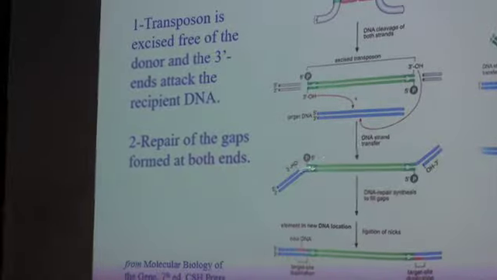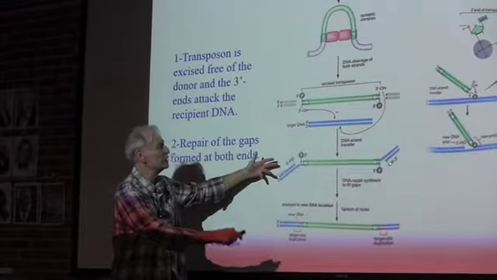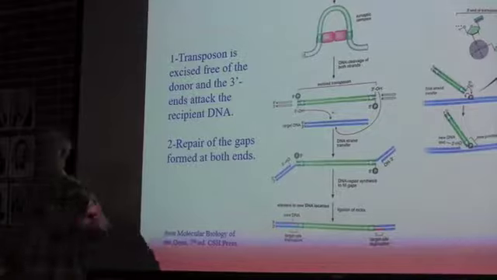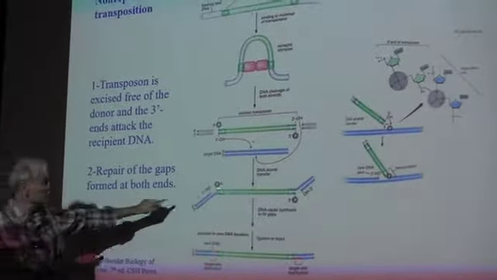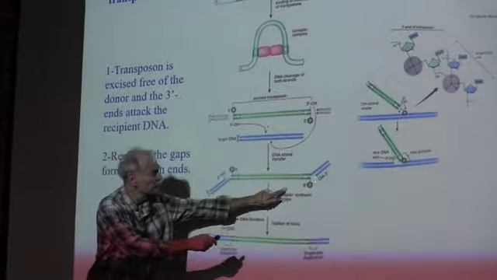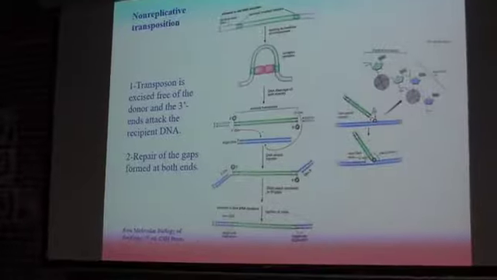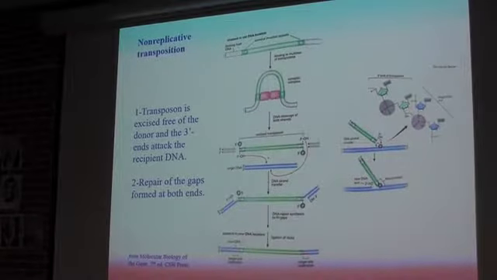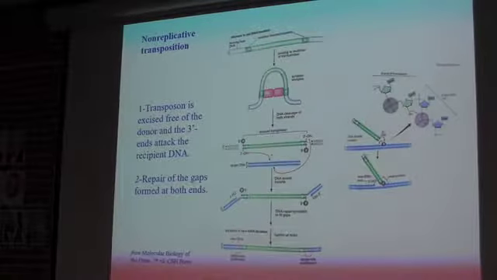This is just a little gap, and on each side it's just filled in. DNA Pol 1 can do that. It doesn't go all the way around and make another copy of itself. There's nothing being copied except just a little repair operation here and there. And of course, it leaves a big hole where it came from.